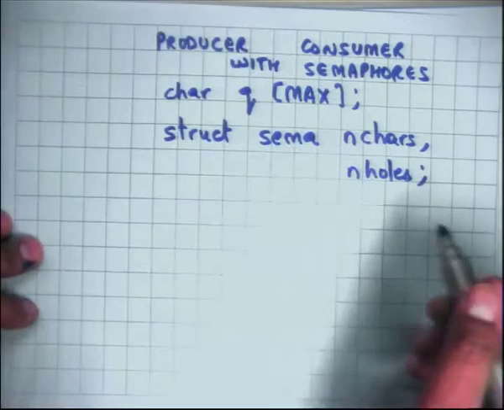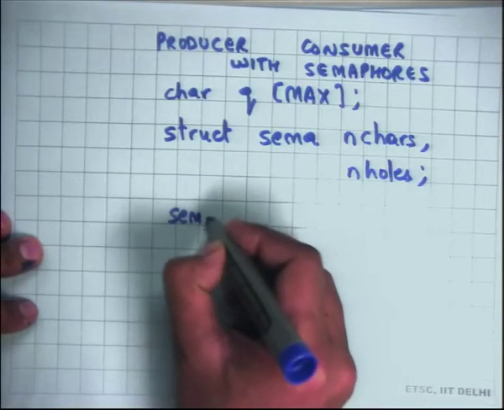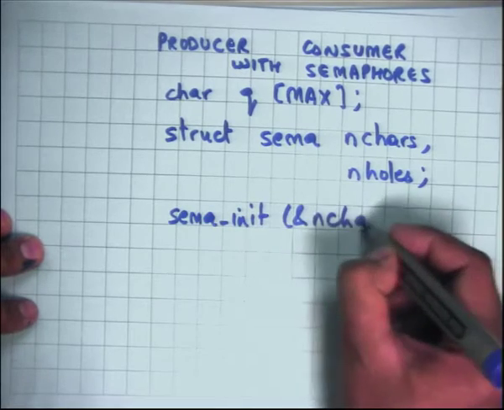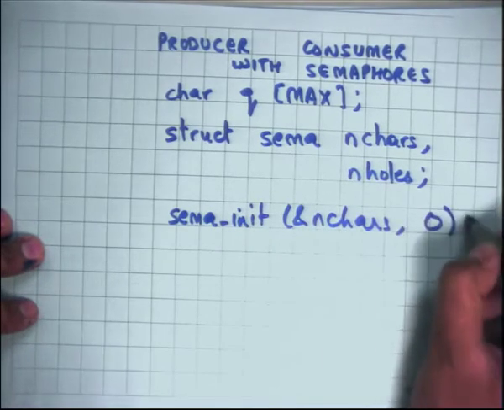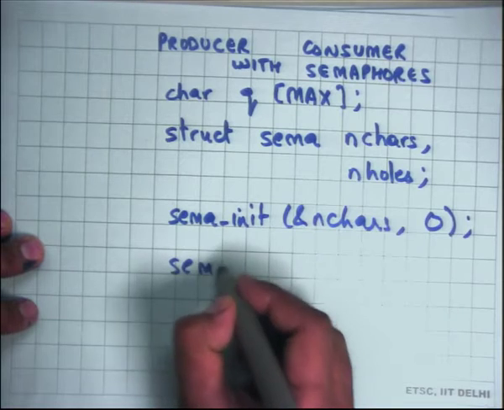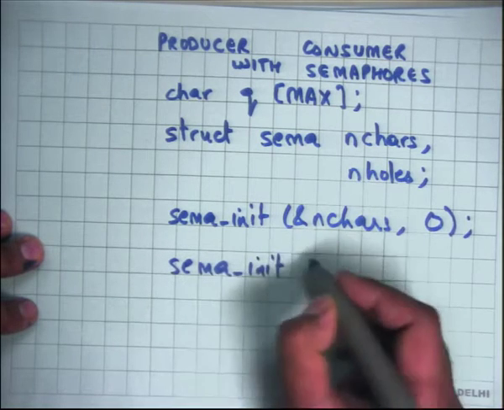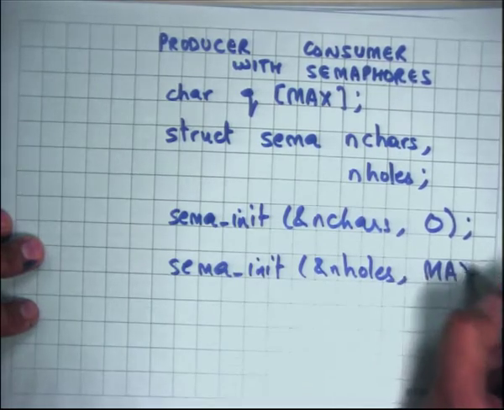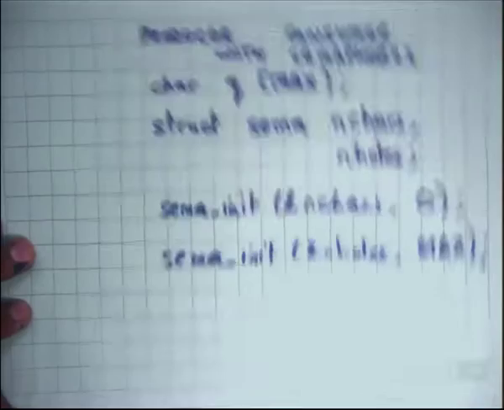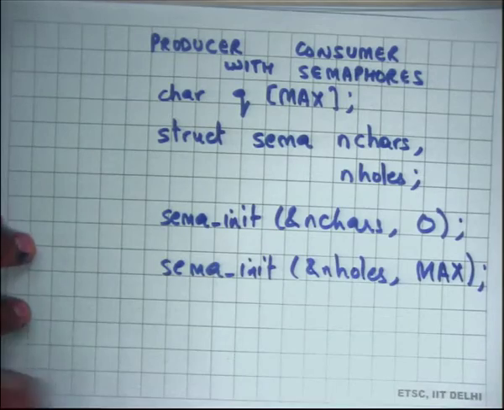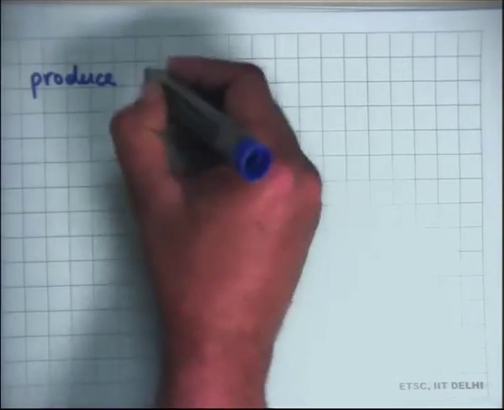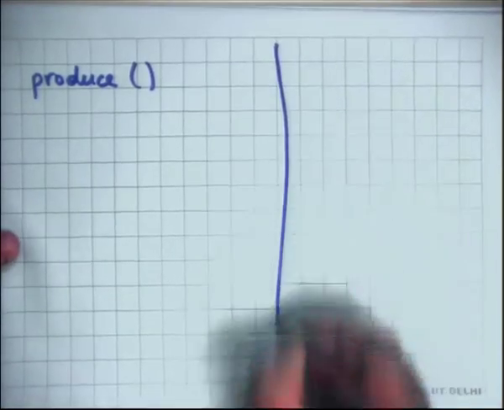And so I initialize nchars to 0, since the queue was initially empty, and I initialize nholes to max. Now let's see how you write a producer. Let's say this is produce, and let's say this is consume.